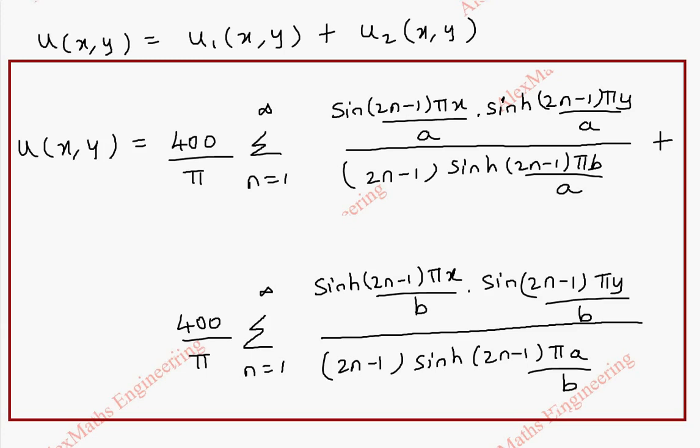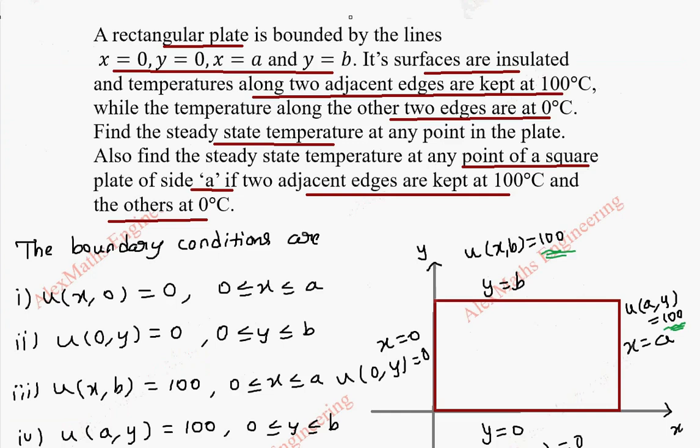In the question, they have also asked for another part, that is if it is a square. So I just highlight and show. Also find the steady state temperature at any point of a square plate of side A if two adjacent edges are kept at 100 degrees centigrade and the other at 0 degrees centigrade. So already we have completed the problem for the rectangular plate.